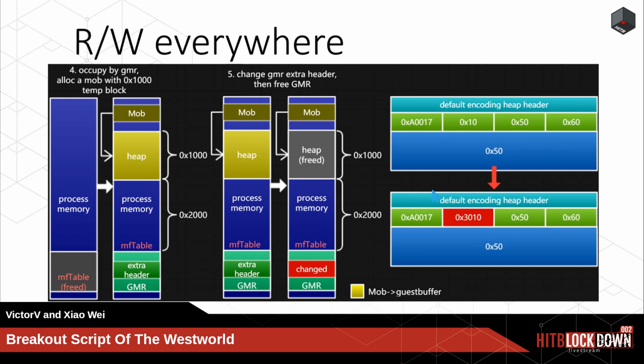And when freeing a GMR buffer, its function gets the heap address by subtracting the header size 0x3010 from the MF table's address. So in fact, it doesn't free the GMR structure. It frees the mob's heap block. Thus, we get a mob that points to free memory.